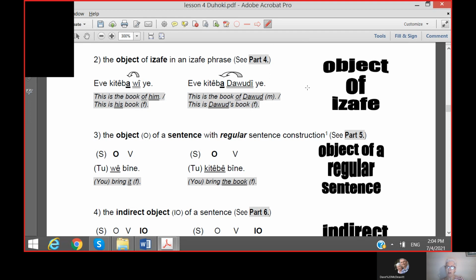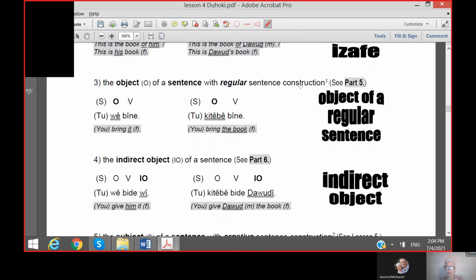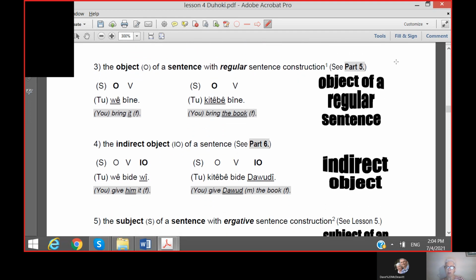A third example of using the oblique case noun or pronoun is when it's the object of a regular sentence. Remember, the sentence order in Kurdish is subject, object, verb. So when it's regular sentence construction, for example in an imperative, you're going to use an oblique case pronoun or noun for your object. So here's our object.